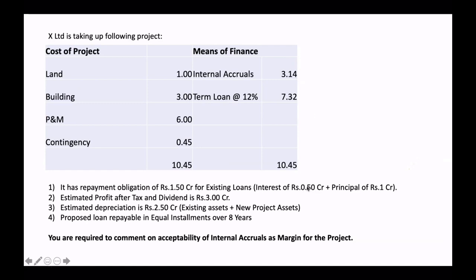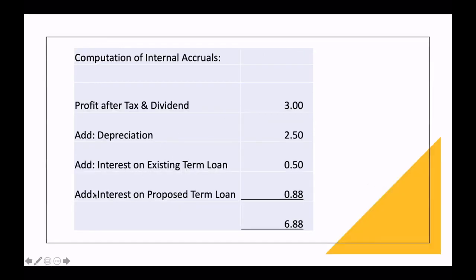This is the interest on existing term loan, and interest on proposed term loan is nothing but 7.32 into 12%. Okay, right. And here I am making an assumption that the loan is availed in the beginning and the project is ready. Okay, right. So interest on existing loan is added and interest on proposed loan is also added. Now you get what is the gross internal accruals, which is 6.88 crore.